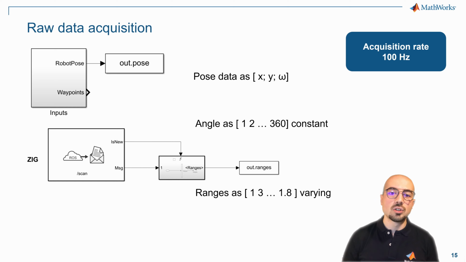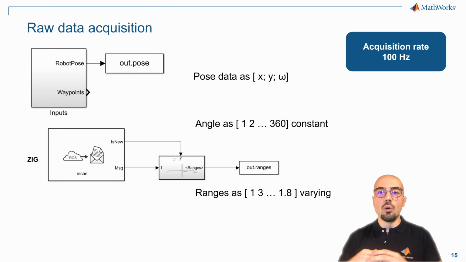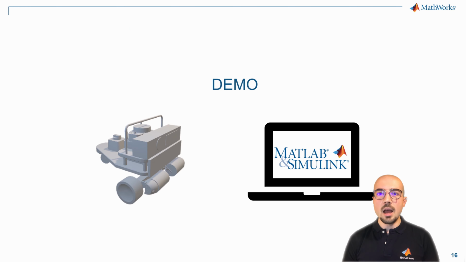With the lidar, so the /scan information, we can acquire the angles and the ranges, and all this process will be executed at 100 Hz in order to acquire a significant amount of data to then be processed. This data will be stored during the execution on Simulink. Now we'll switch to a little demo, and I will show you how to acquire this data in Simulink.